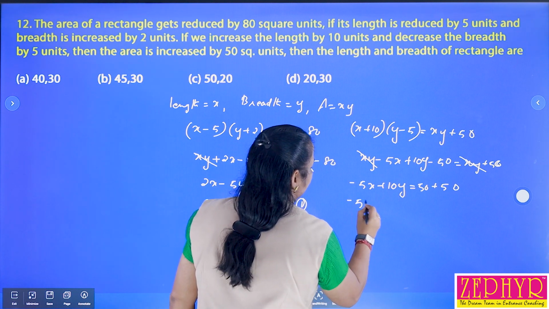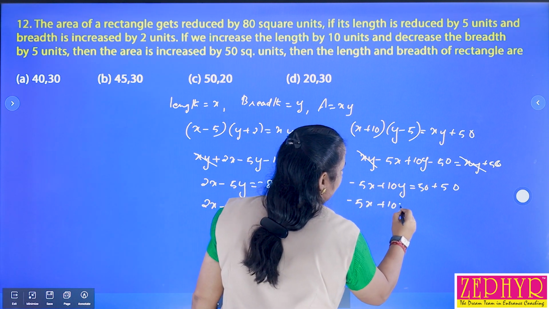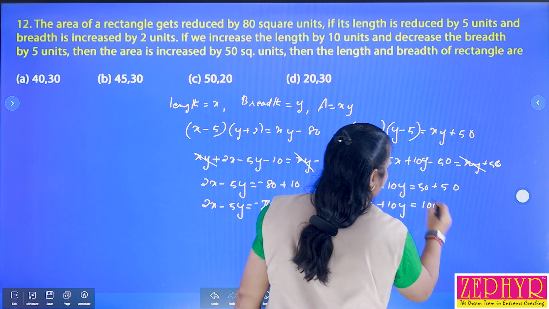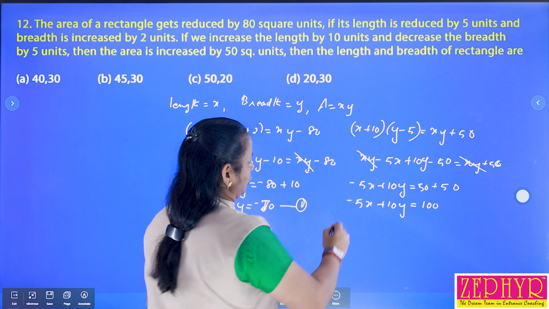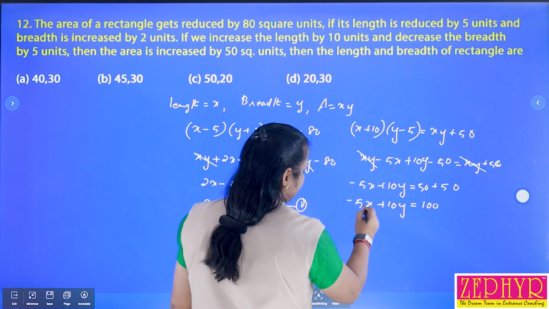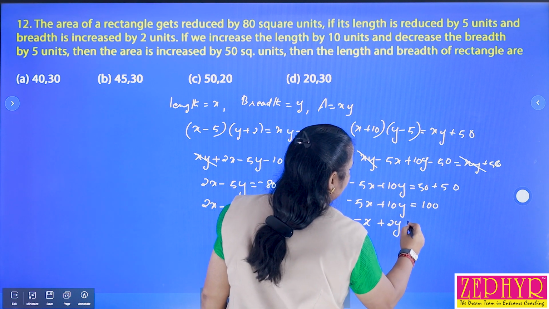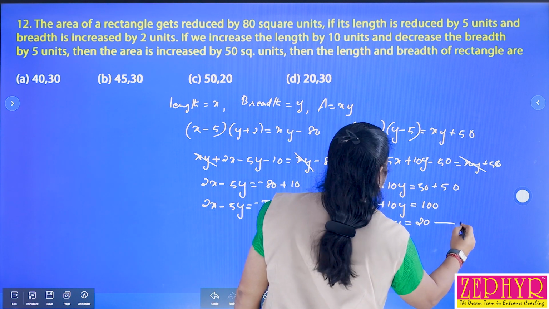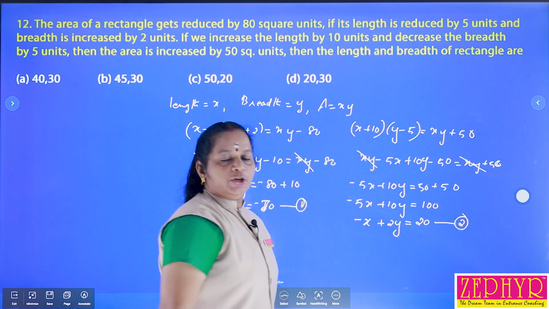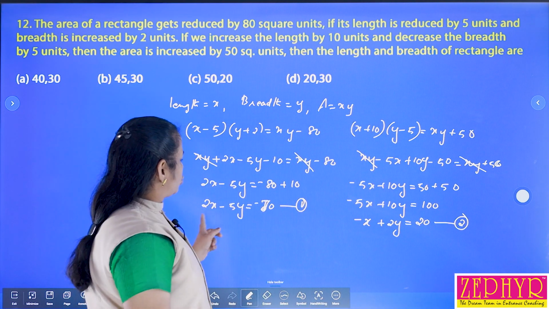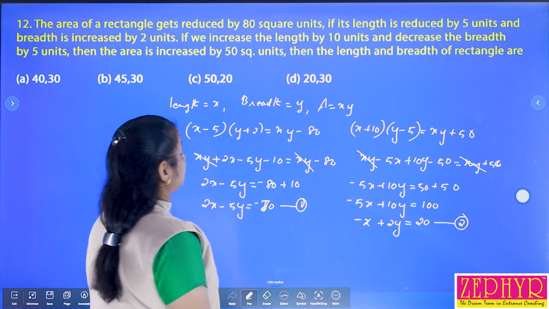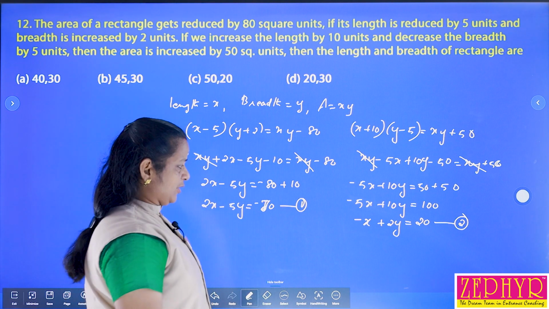So minus 5x plus 10y equal to 100. Cancel by dividing by minus 5, then it is minus x plus 2y equal to 20, that is equation number 2. Using these two linear equations, we can find the length and the breadth.